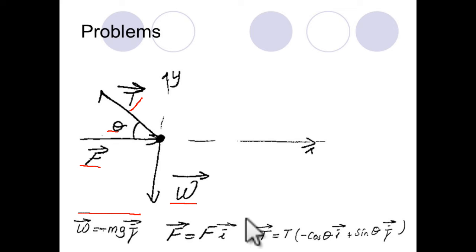It is F multiplied by i vector. It's in the positive x direction. And we have the tension in the rod. So it's T, and tension in the rod is negative in x direction because it will pull this sphere in this direction. So it is T times minus cosine theta i plus sine theta j. So basically this is the unit vector along the string.